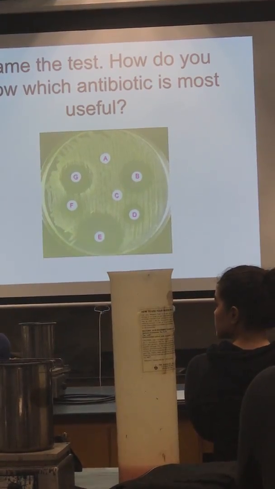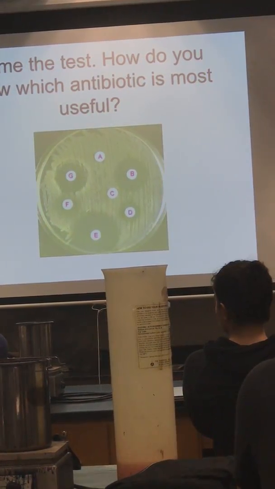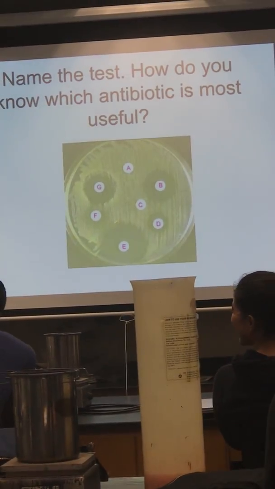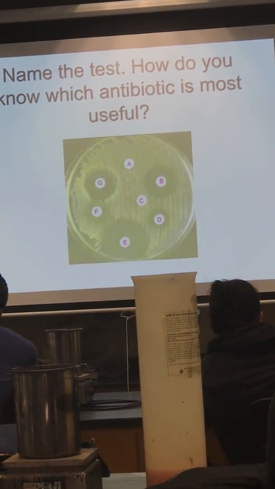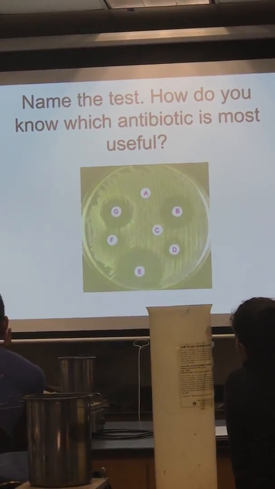By looking at the plate, can you tell that B and G are going to be equally as useful? Well, I got every choice there. So, yeah, okay. How do you know? We just went over this in lecture.